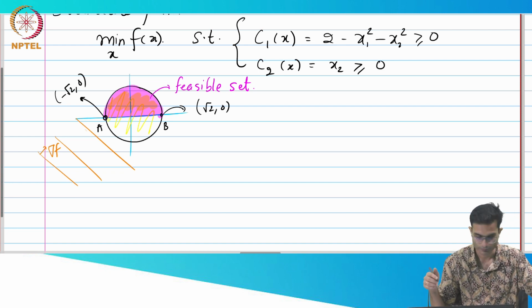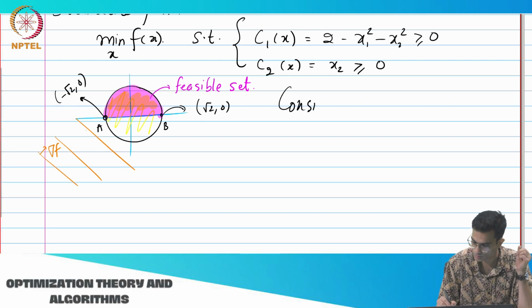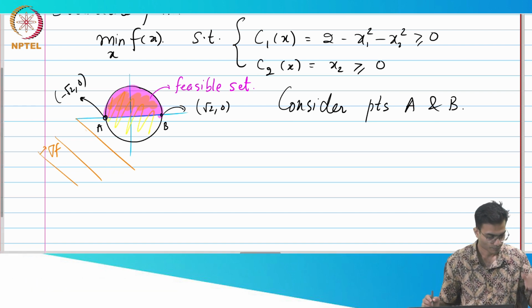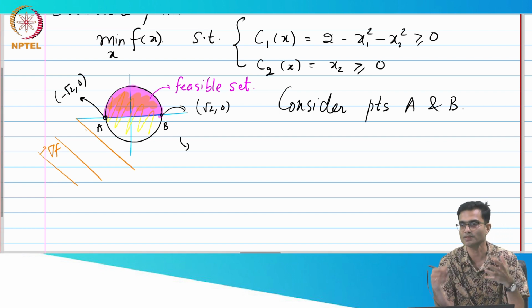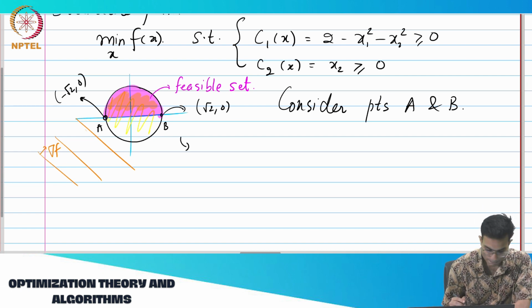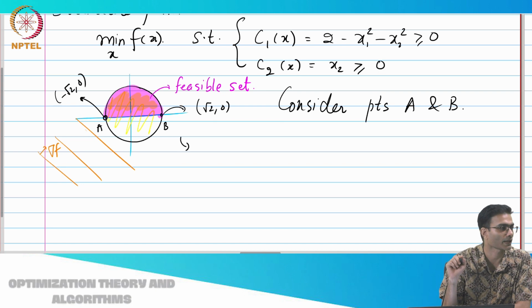Okay. So now, since we are doing this in the beginning, let's write down everything explicitly, right? So at points A and B, can we say that the constraints are active?